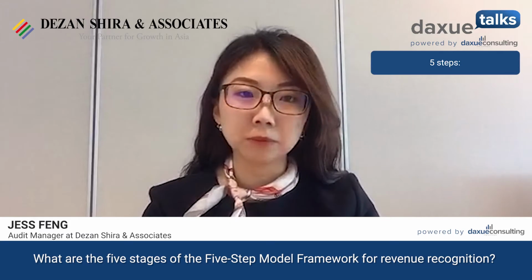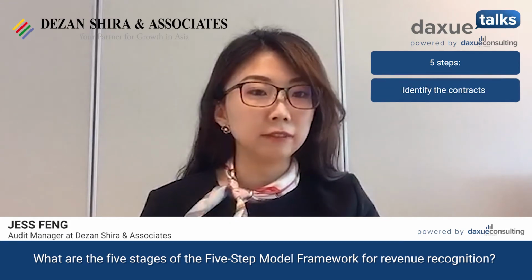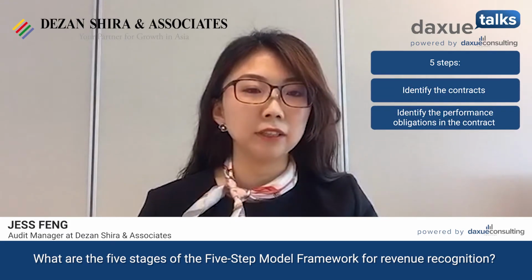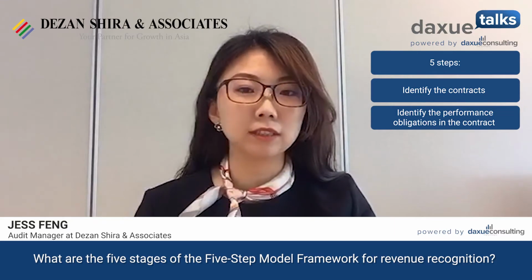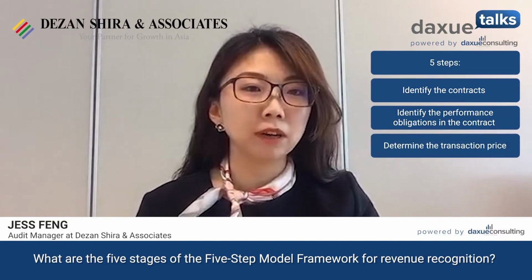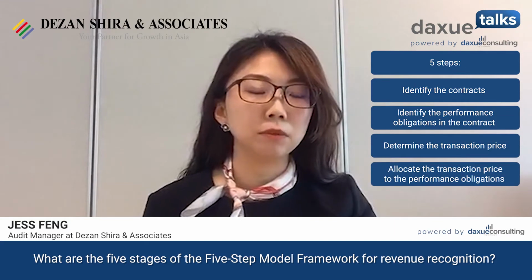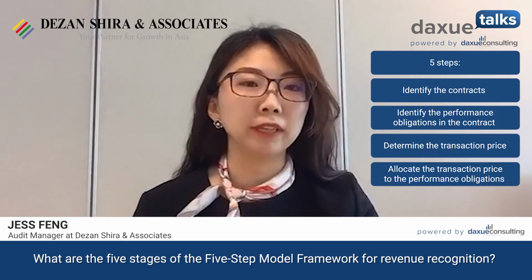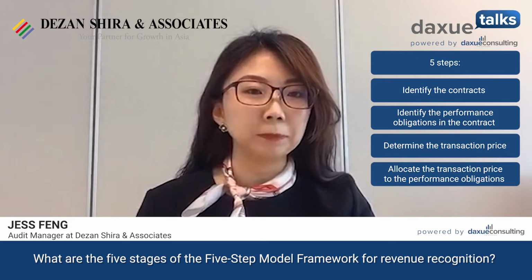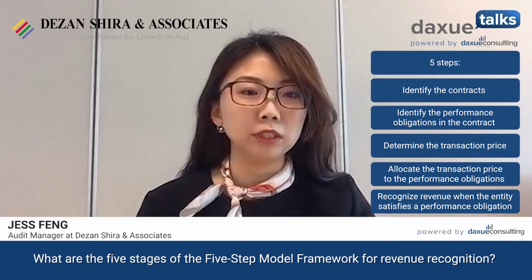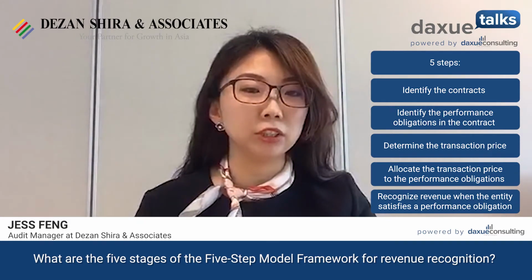The 5 steps are: firstly, identify the contract; identify the performance obligation in the contract; determine the transaction price; allocate the transaction price to the performance obligations; and finally, recognize revenue when you satisfy the performance obligation.